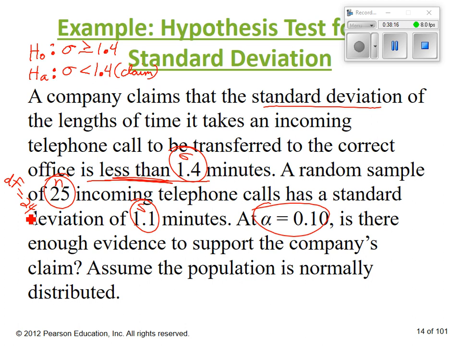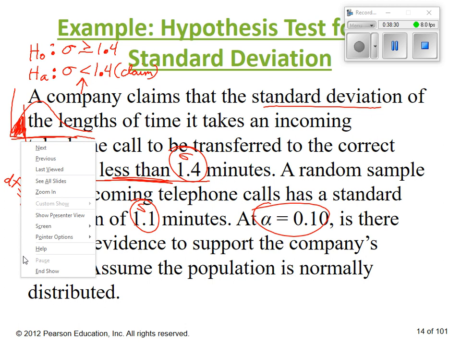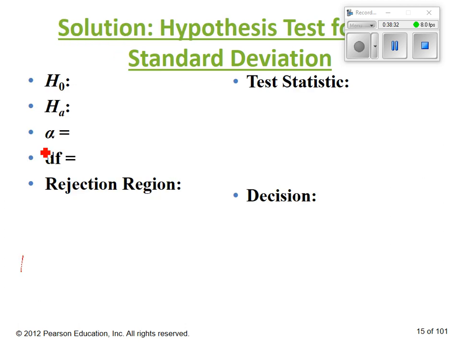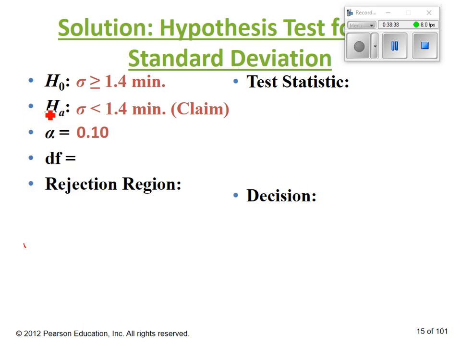This time we look right here, that tells us that on our little graph we're going to be left-tailed, so we're going to be over here. We wrote our HO and HA, looks like we did that right. Alpha is 0.10, DF is 24.